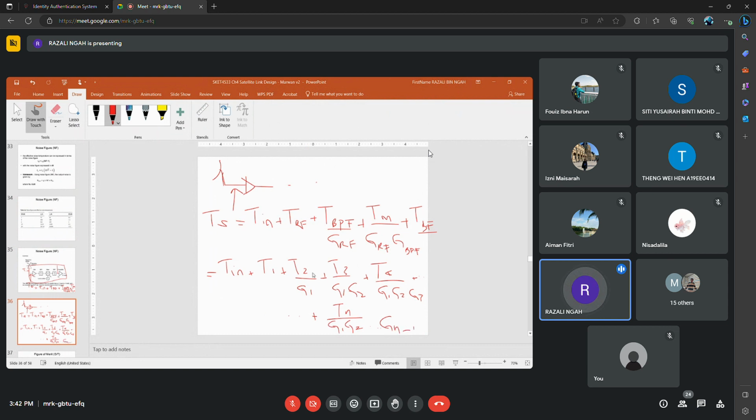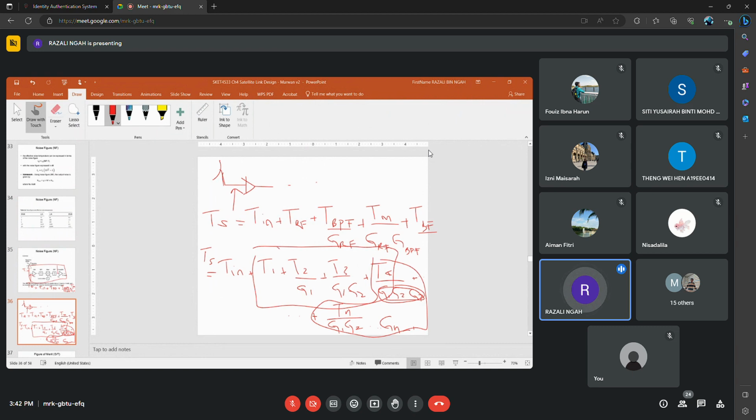So this is how we determine the overall noise temperature, depending on the number of subsystems. Normally, when we use a high gain, all these later parts become very low because of the high value of G. So we normally consider up to 3 subsystems.